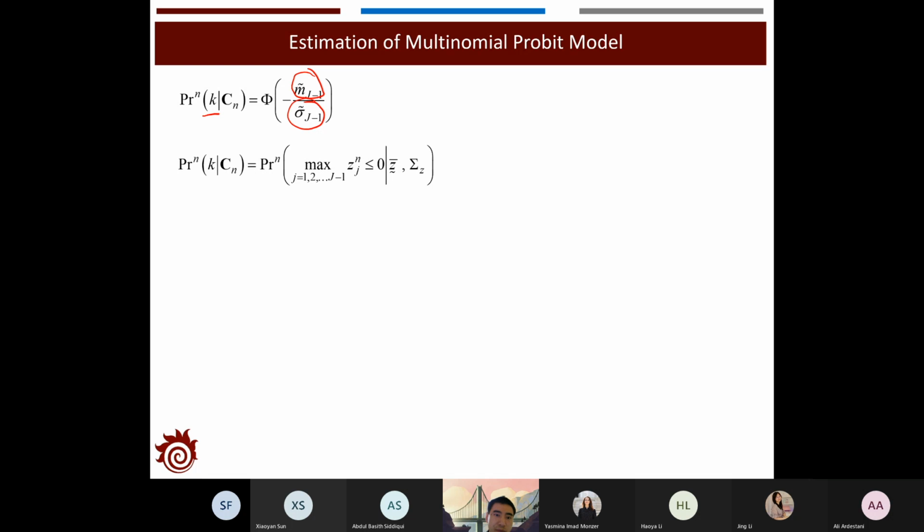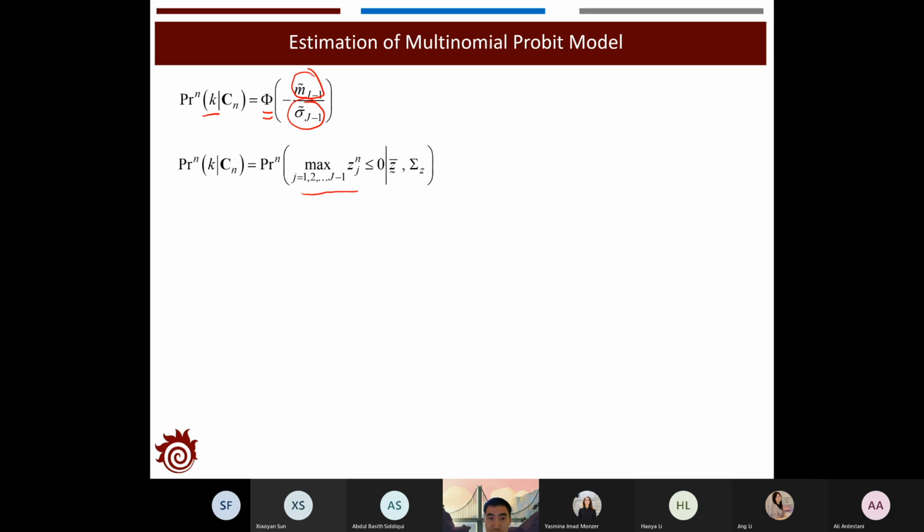Regarding the probability phi here, it actually represents the probability of the maximization of zj. This zj shows the difference between the utility of one alternative and the utility of alternative k.